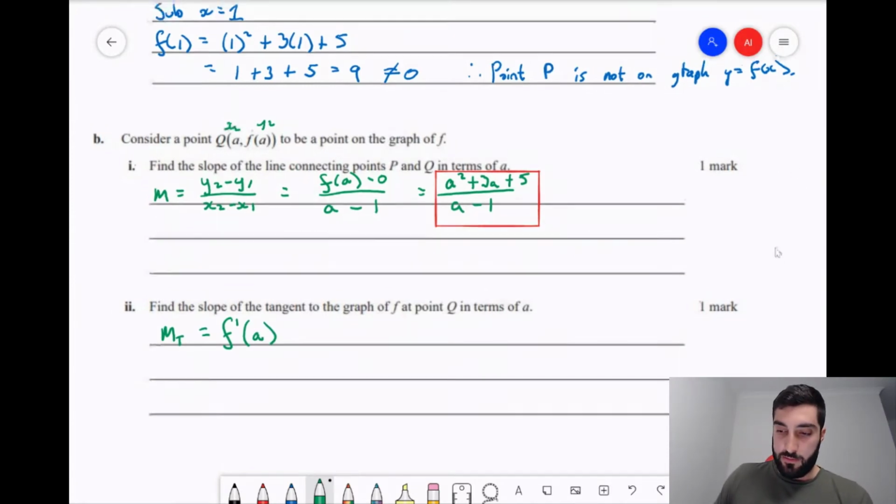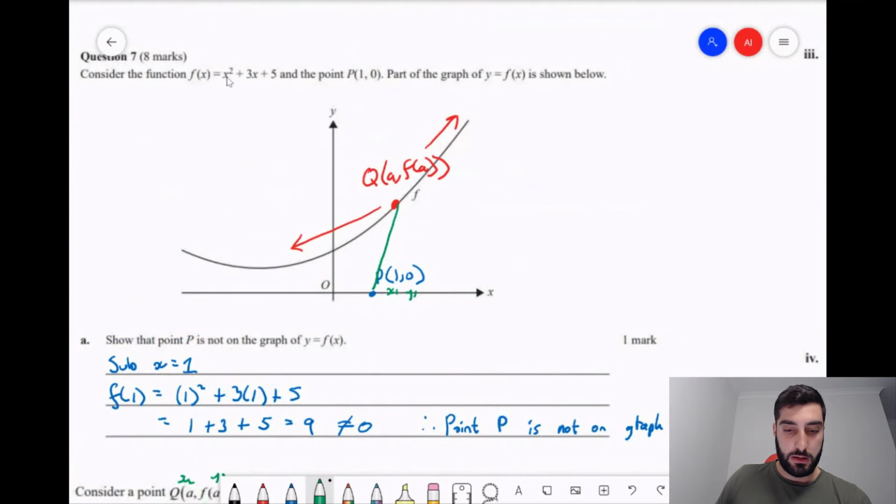The derivative of our function would be 2x plus 3. Since it's a polynomial, it's nice and easy to find the derivative, 2x plus 3, but it's at the x value where x is equal to a, since we're at point Q. So instead of being 2x plus 3, it's 2a plus 3.